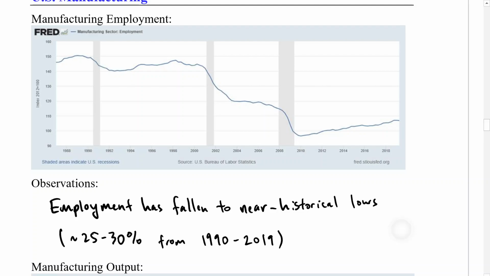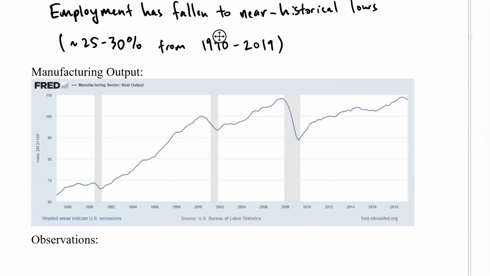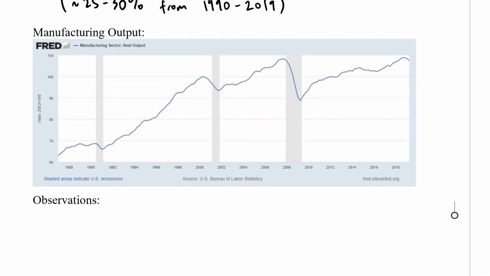But this next graph will show you that manufacturing is not dead. In fact, we are at near all-time highs in terms of the value of manufacturing output over time. So the observation here: manufacturing output is at near all-time highs.